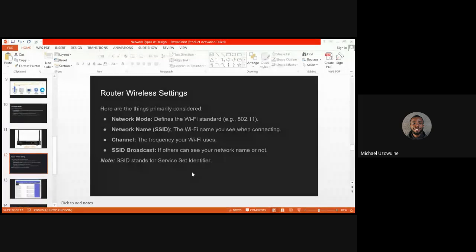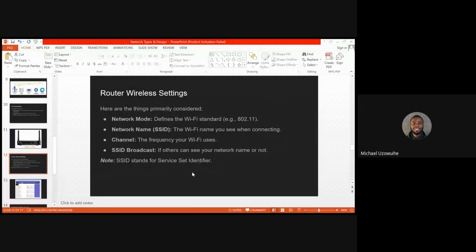So if the devices connected to your router are using 2.5 gigahertz, that will be under frequencies. So there are standards that you put in place, which the devices that want to connect to you will be using.